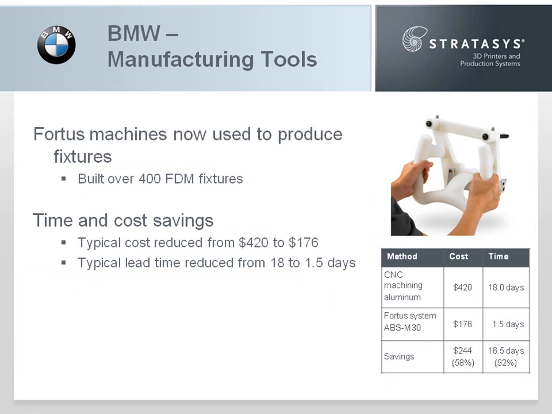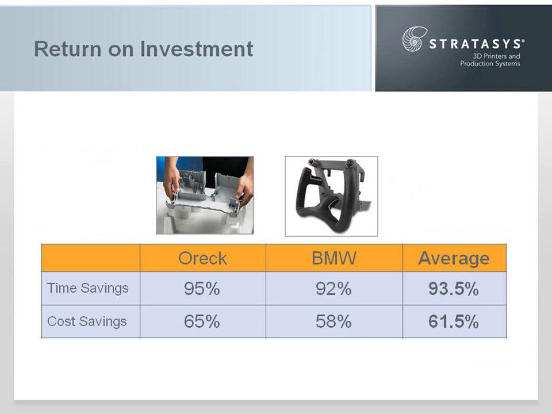BMW is a huge proponent of using additive manufacturing to produce manufacturing tools. They currently are producing over 400 fixtures using their Stratasys equipment. As you can see on the right-hand side, they've documented some huge time and cost savings for the production of these fixtures. We've talked a lot about the intangible benefits, or the design for manufacturability benefits that can be gained using additive manufacturing.